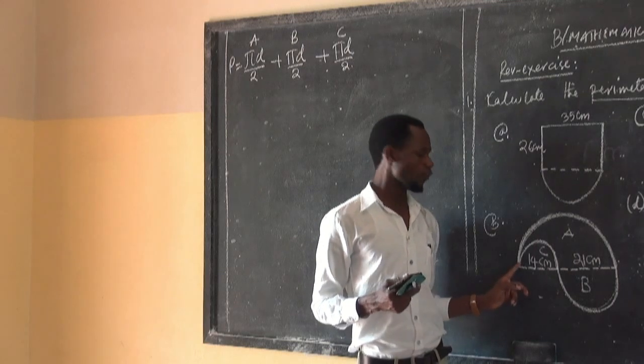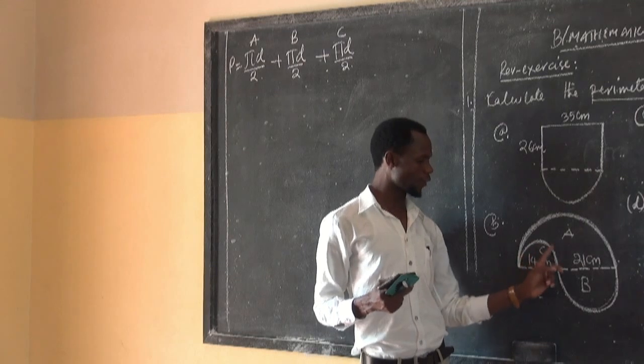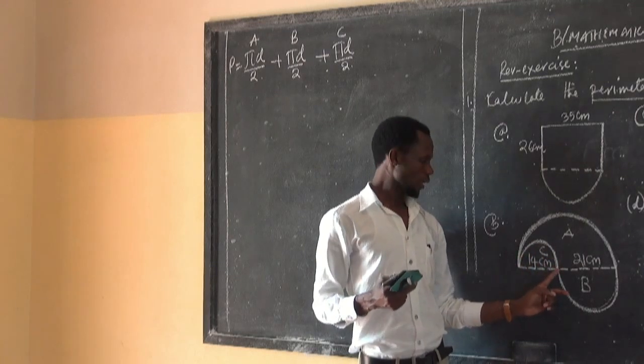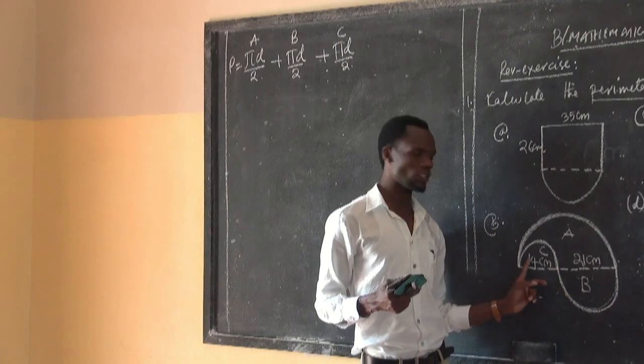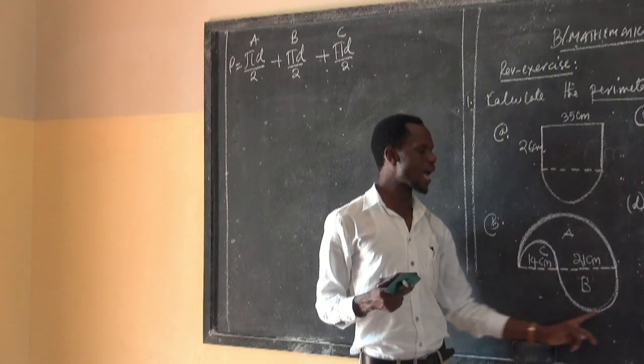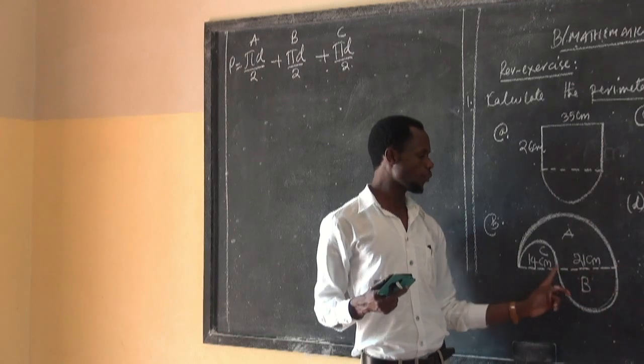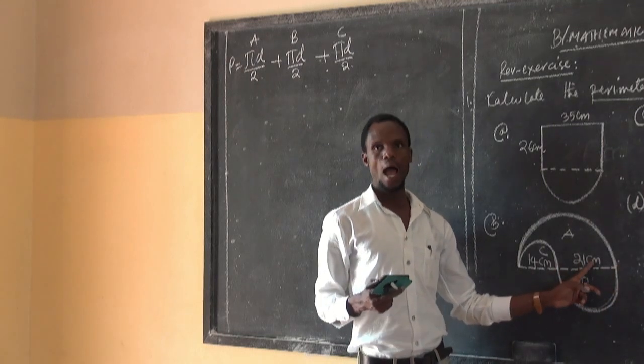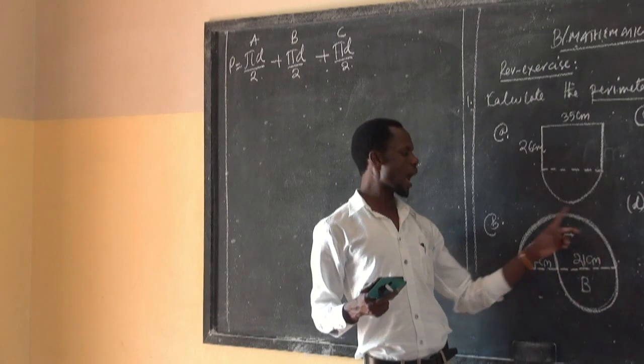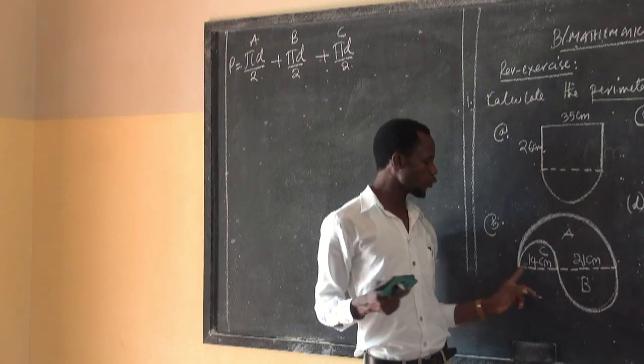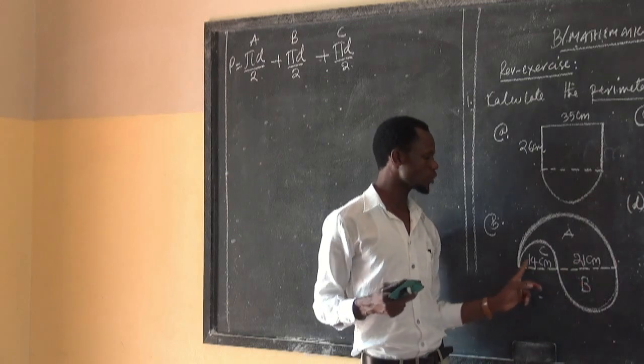The diameter for this circumference here is from here up to here, which is equal to 14. And the diameter for this circle here is from here up to here, which is equal to 21. And the diameter for this circle is from here up to here, which is equal to 21 plus 14.